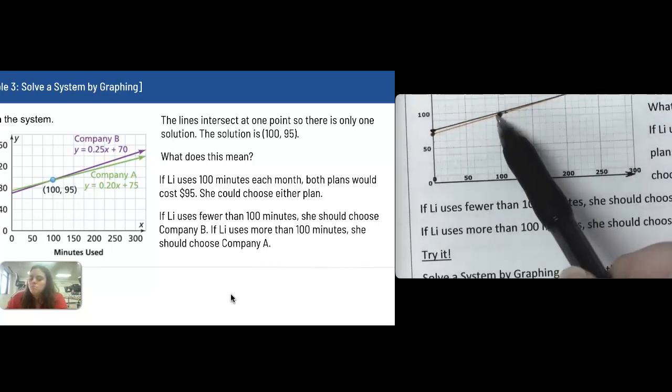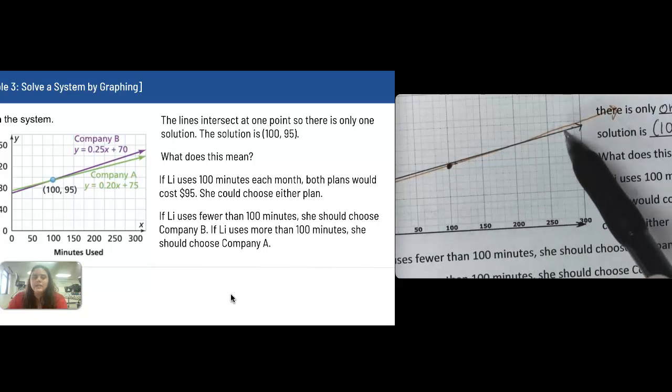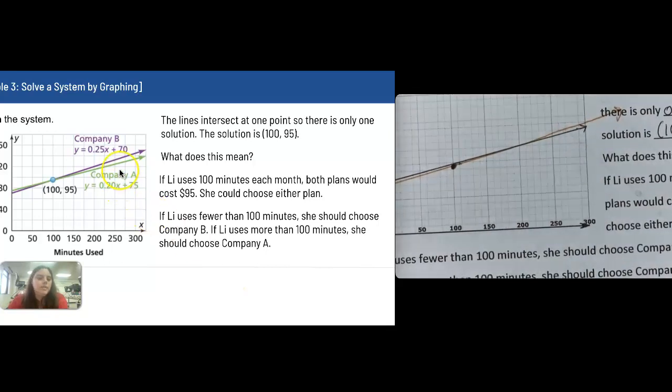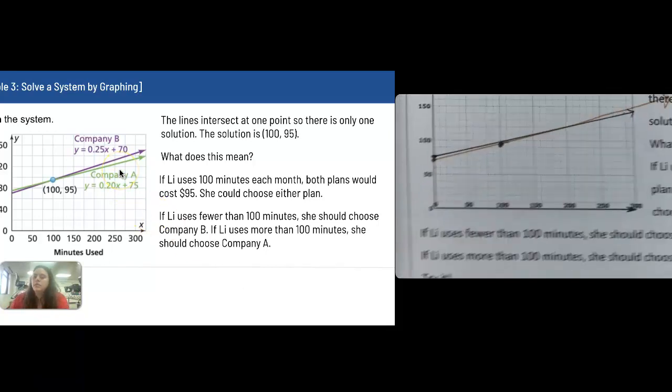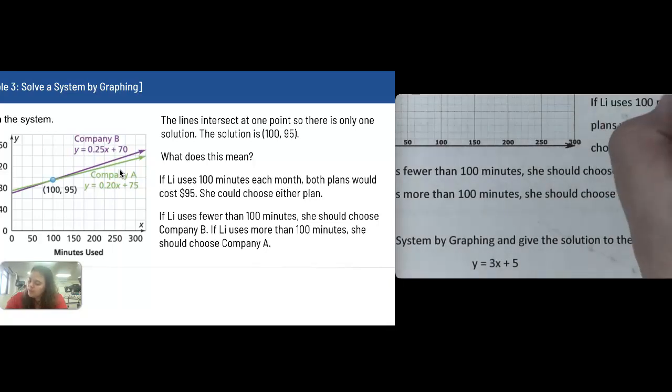But when we go more than 100 minutes, we switch over to that black line, or in the picture here, company A, being less pricey. So if Lee uses more than 100 minutes, she should choose company A.